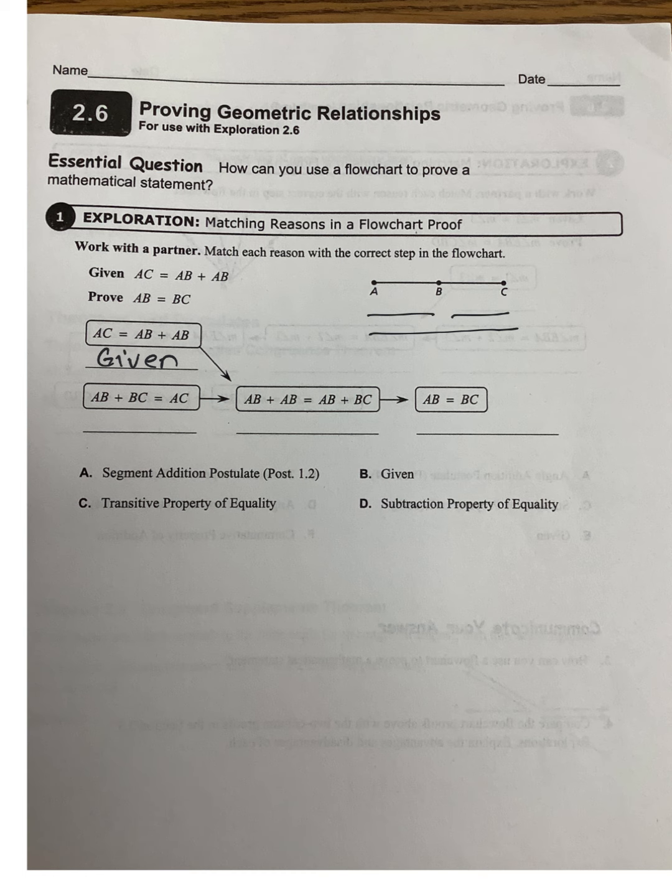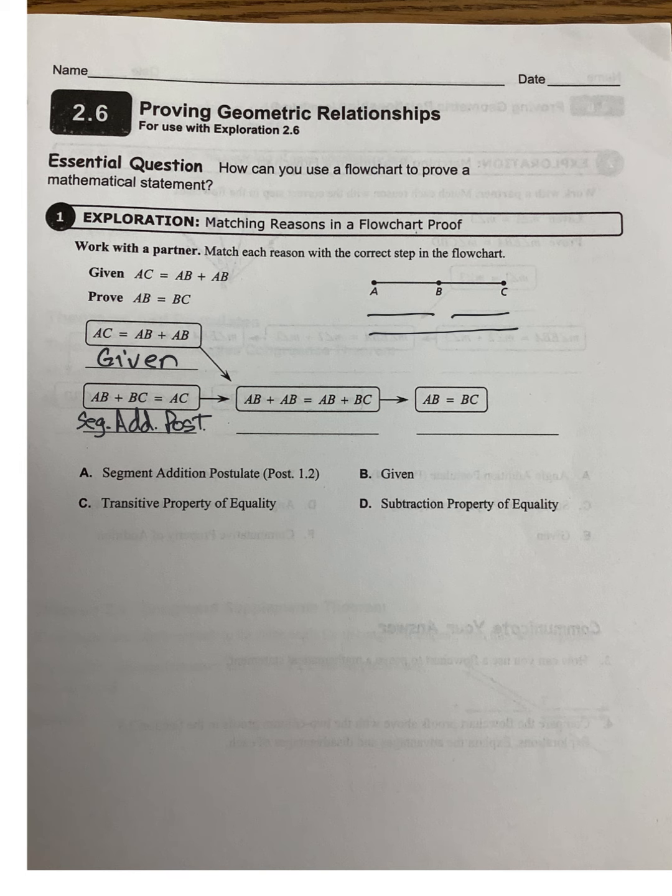What are we doing? Segment addition postulate. Okay? You're adding 2 segments together to get a bigger segment, right? So you say segment addition postulate.